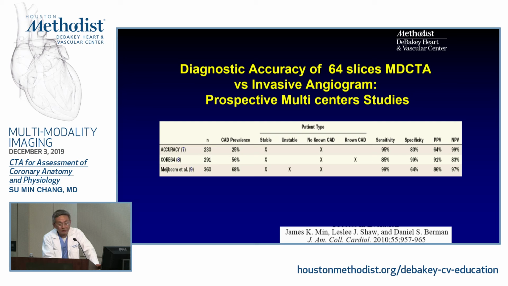Number one is not surprising. CTA is an anatomical technique. It is going to be much more accurate when you compare it to invasive angiogram. That's not surprising, right? Compared to any functional stress test. I hope you don't need me to explain the reason why.